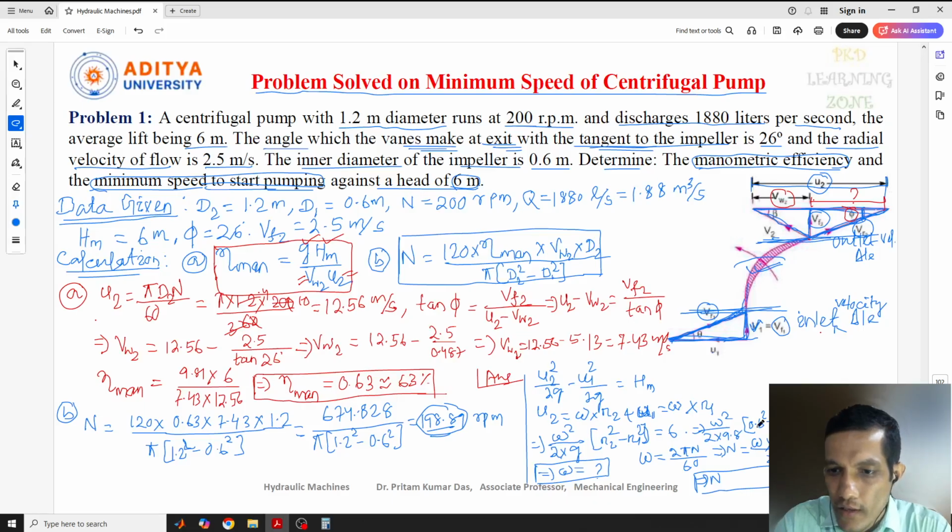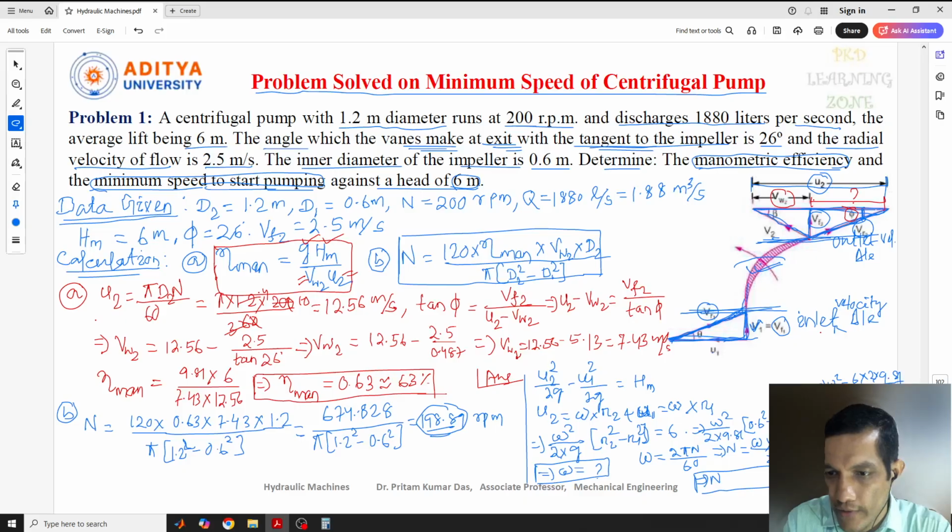So here I can keep omega square on one side and take the remaining things to the other side. So omega square equal to 6 into 2 into 9.81, divided by 0.36 minus 0.9.